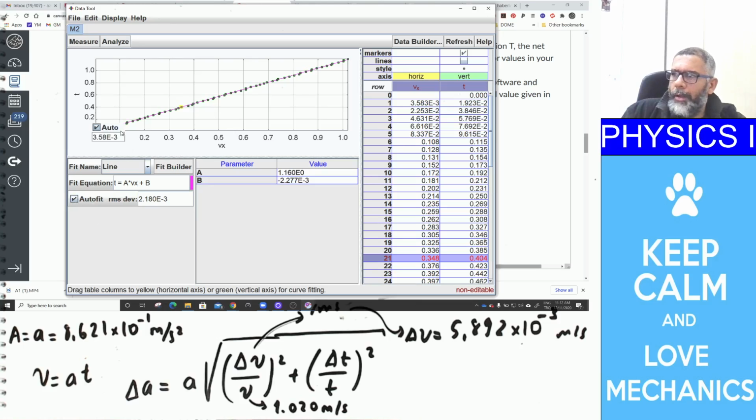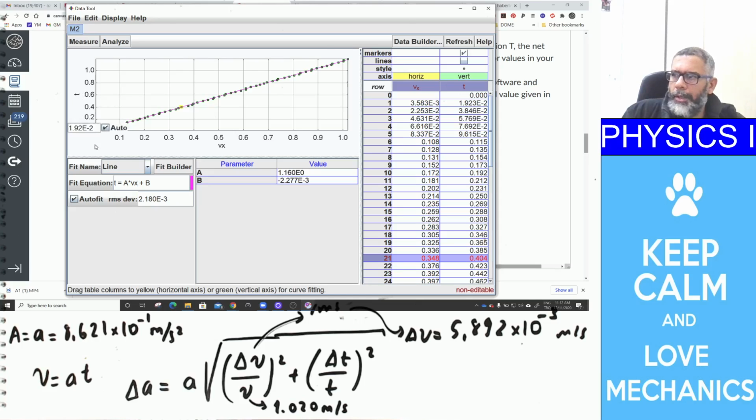When you do this, all this data is plotted in a different way. The only difference is that T values are on the vertical and V values on the horizontal. But Tracker will now calculate the root mean square of the T axis. So you see, this root mean square value has changed with respect to the previous one where V was here.